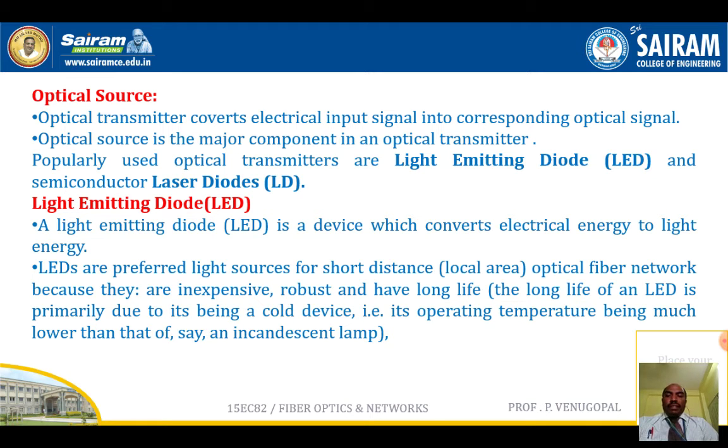The optical transmitter converts the electrical input signal into the corresponding optical signal. The optical source is the major component in the optical transmitter. To convert the electrical signal to the optical signal, this optical source plays the vital role in the optical transmitter.